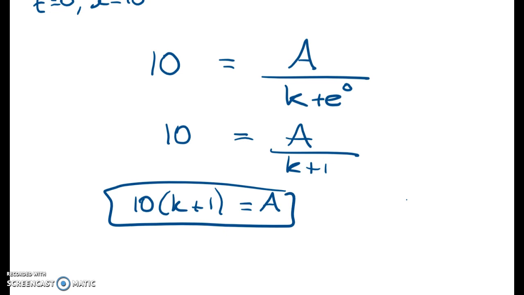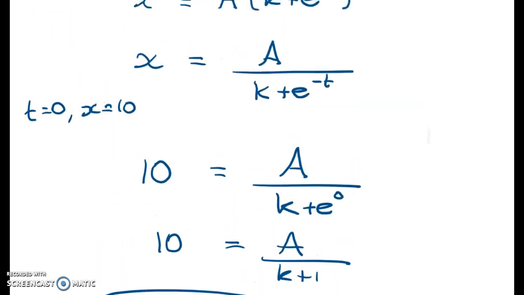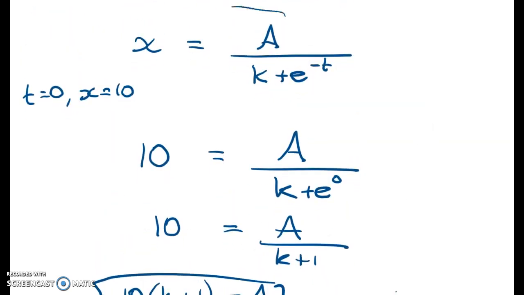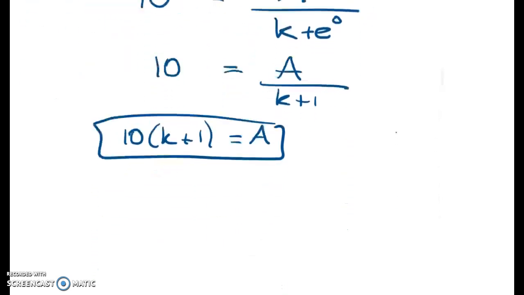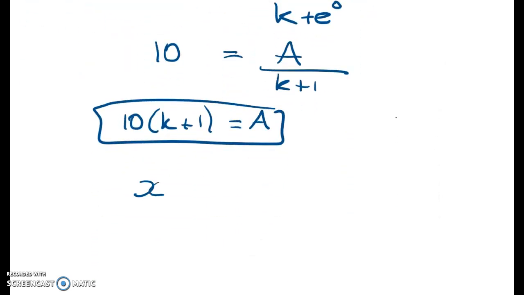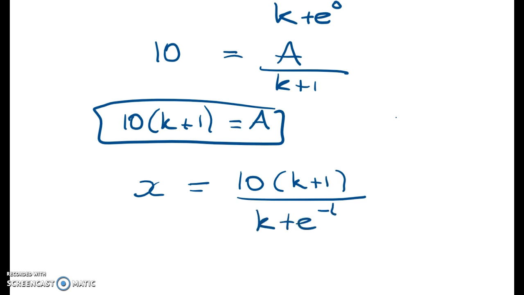We can now substitute that back into our expression for x. So let's see where we'd got to with x. Right, so x was up here, was equal to that. So x is equal to 10 times k plus 1 over k plus e to the negative t.